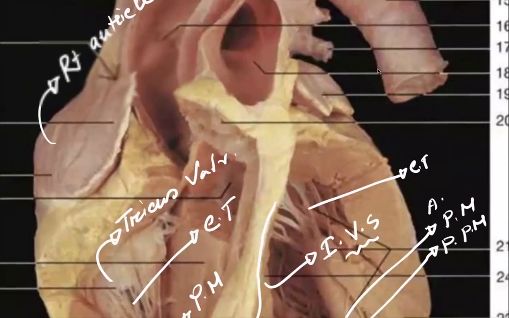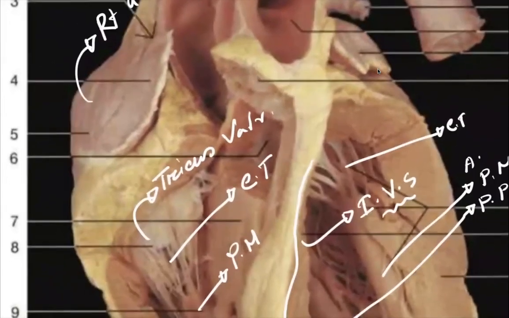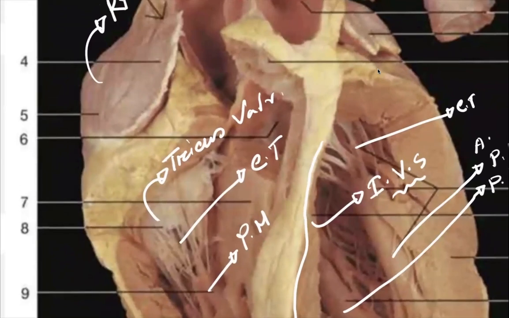Let's try to look more. On the right hand side, I showed you 2 valves, right? One was the right atrioventricular and another one was the left atrioventricular, and the pulmonary valves. But here they cut this area.